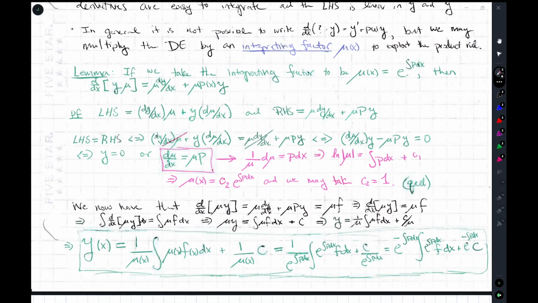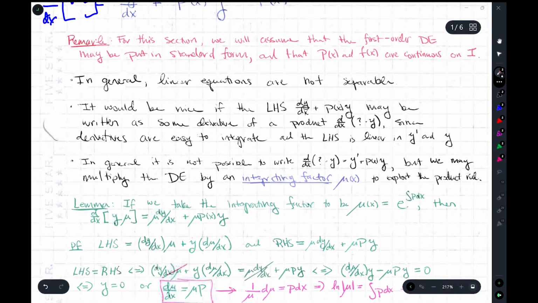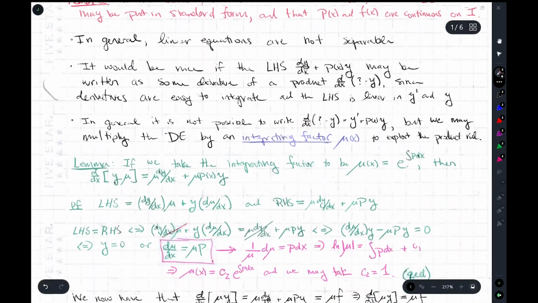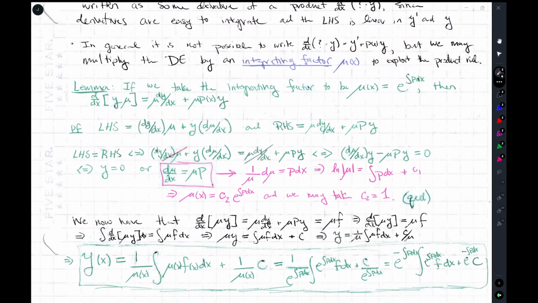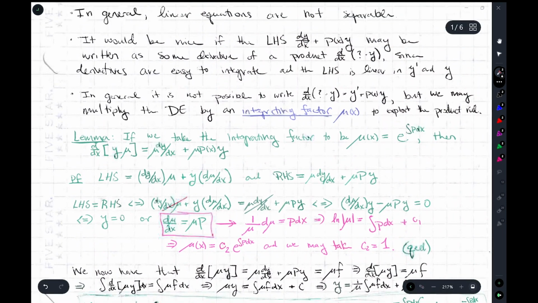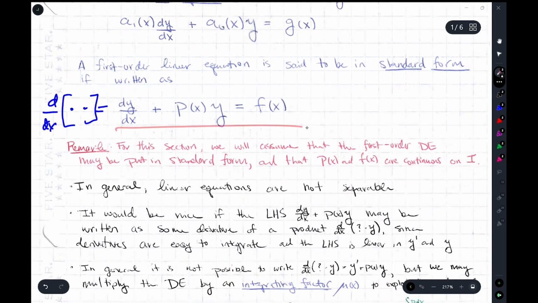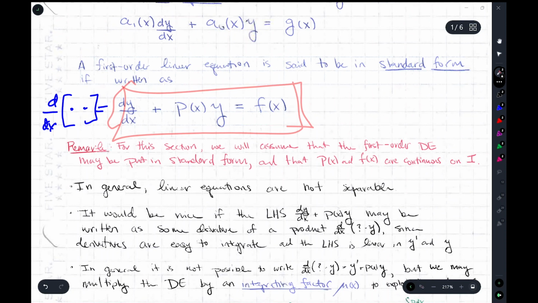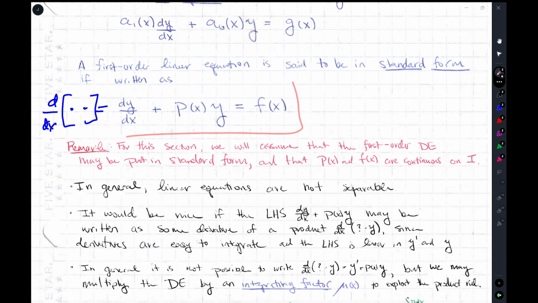And so this kind of seems like magic, right? You start with this differential equation that is not separable, so you don't know how to solve it, and all of a sudden you have a solution. But it's not magic, okay? And the reason it's not is because of the ultimate character of the differential equation, that this relation here still holds true if you multiply the left-hand side by mu and the right-hand side by mu, right?